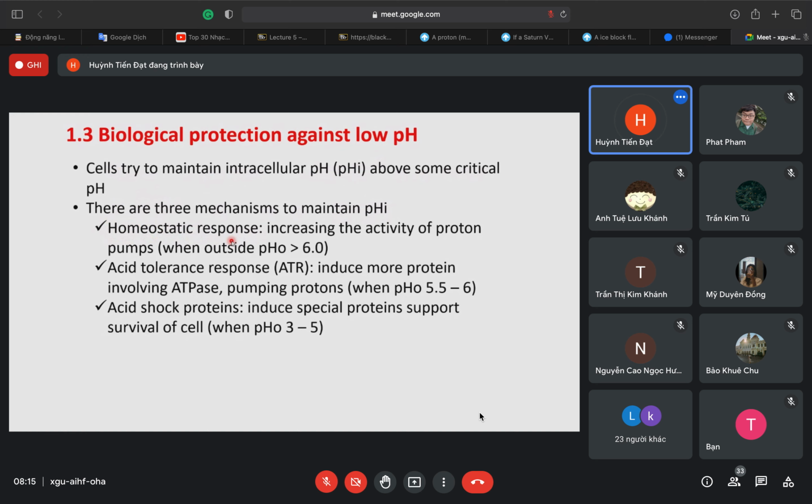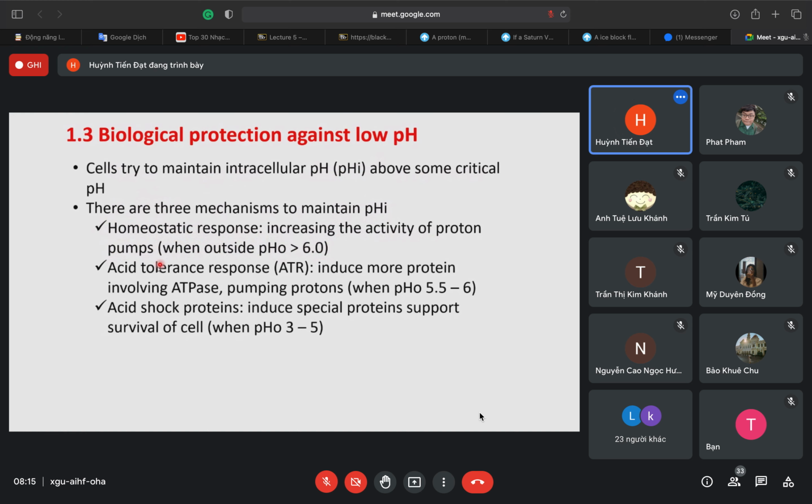What they do is increase the activity of the proton pump, when the outside pH is over 6. If the outside environment has a pH value of around 6, then inside and outside are not much different. Okay, and then they do the first mechanism.